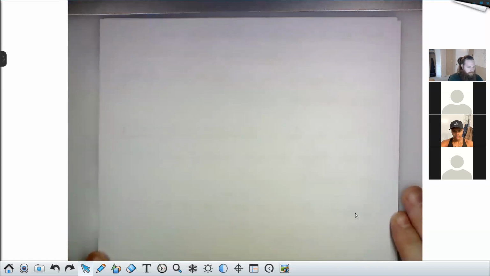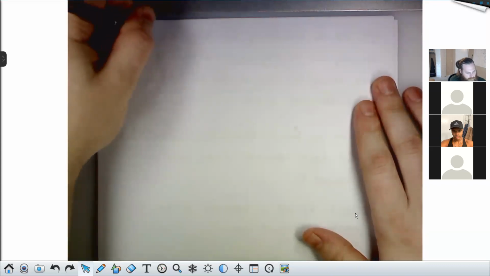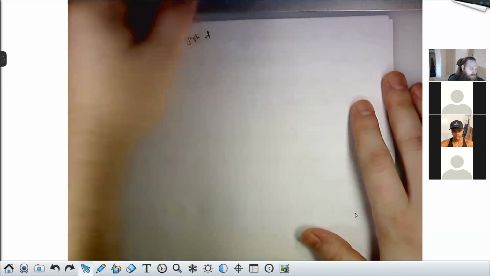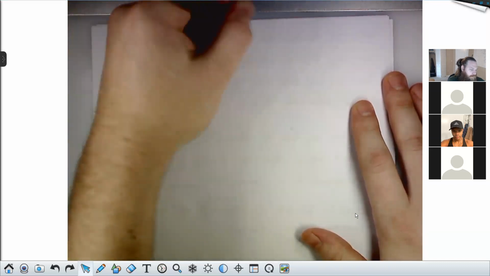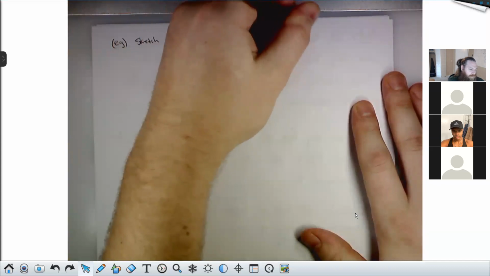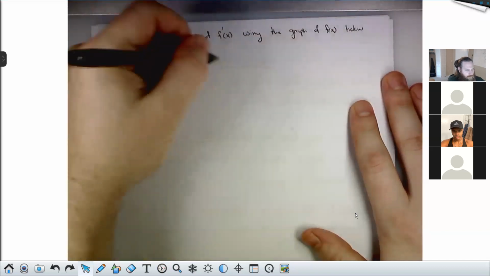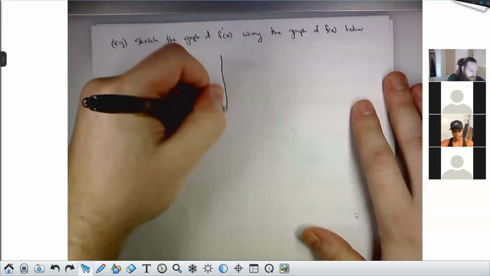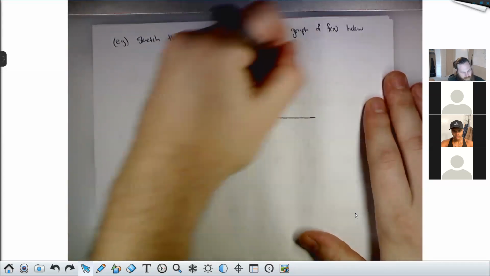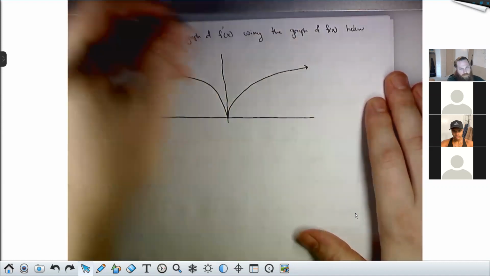One of your homework problems is to sketch the graph of f prime using the graph of f of x below, where the graph of f of x does some funny stuff, like this.